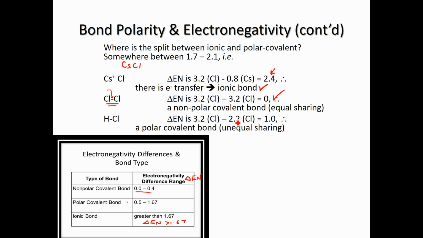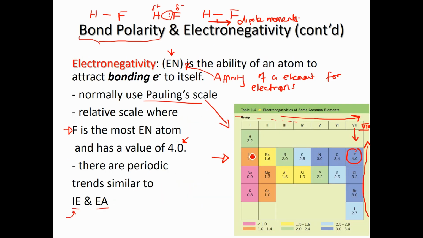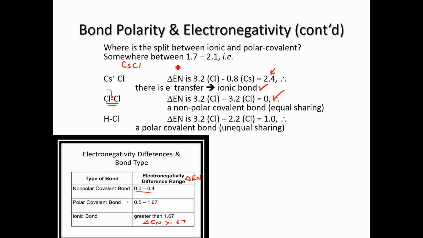For chlorine it is 3.2. Do the subtraction using this table. Always subtract the smaller from the bigger one. Always, always, always. So you subtract, you get 1.0. That lies between 0.5 and 1.67. This bond right here is polar. That's a polar covalent bond.